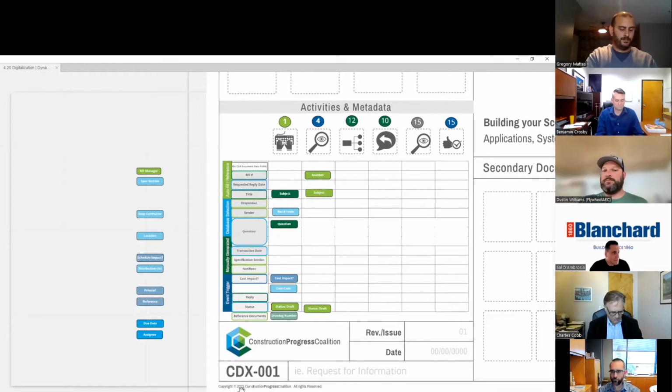So we started, I know we talked about it as a group, but this is a matrix of the activities and the metadata. What are the key pieces of metadata that are required to be part of an RFI as it hits different stages of workflow in the process?